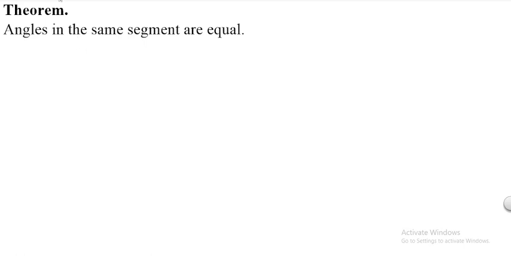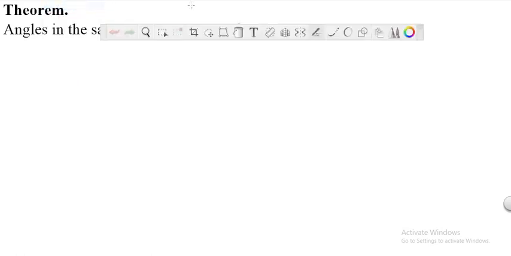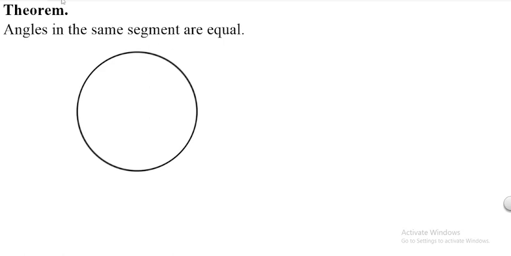To really see this at play, let's draw a circle. Say I have my circle here, and I have a chord that separates the circle into segments. Remember, this is segment 1. Let's call this segment 1, segment 2.